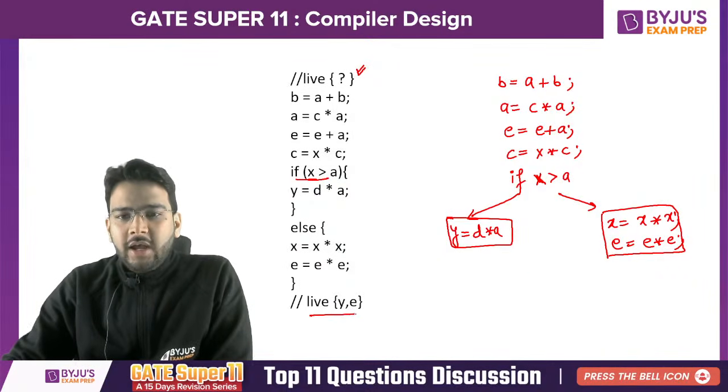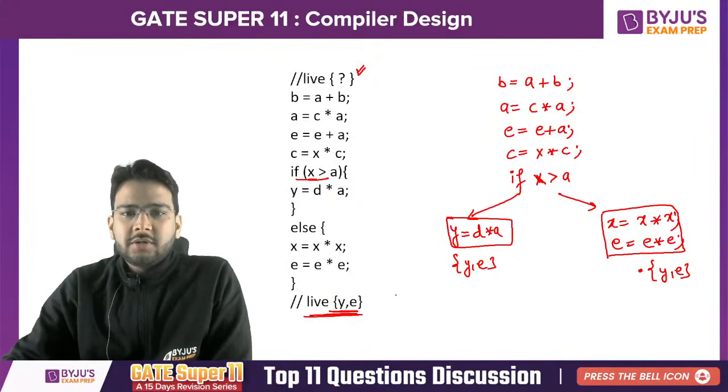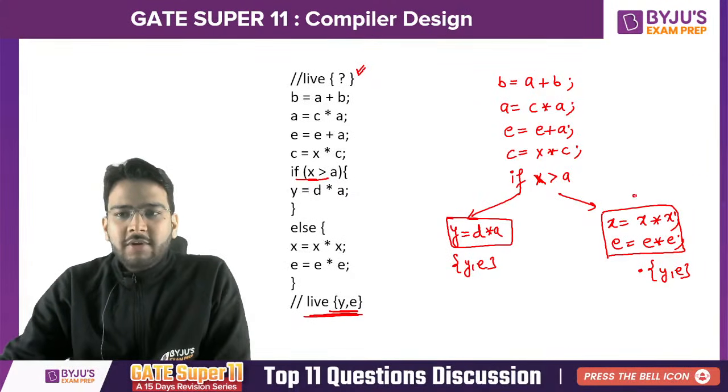Now, at the end of this, it is already given to you these are the live variables present. So that means we can say here Y and E are the live variables present. Correct? And here also we can say Y and E are the live variables present. Clear? Now, how to find the live variables here?